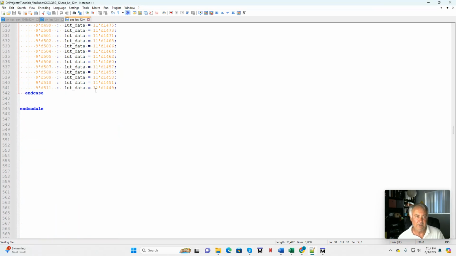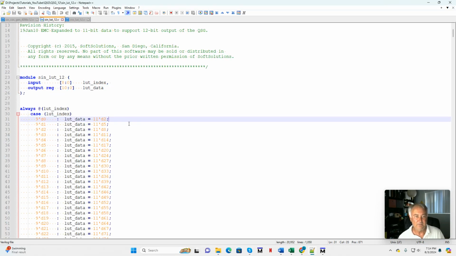Looks like 1,449. So just a few ticks off the highest value in the cosine lookup table. So, big case statement, pretty easy to implement.